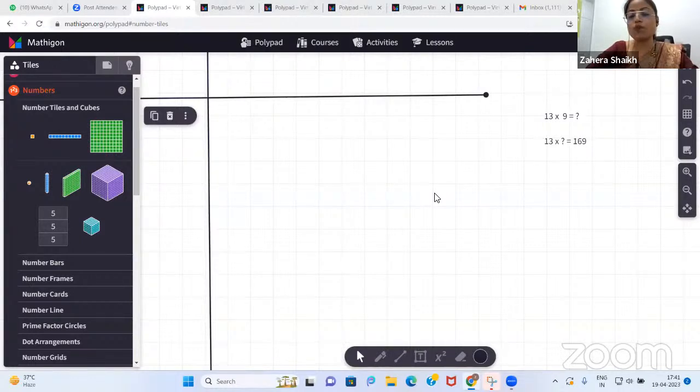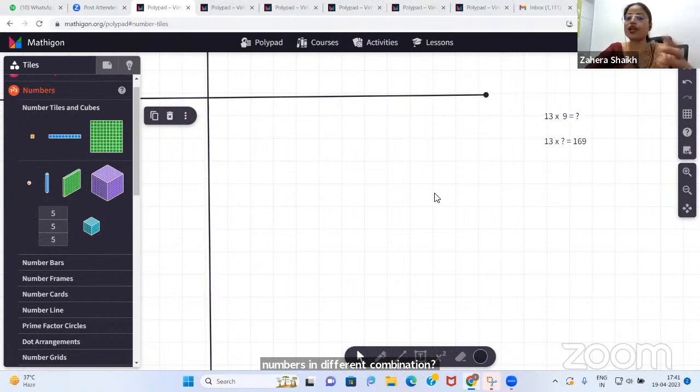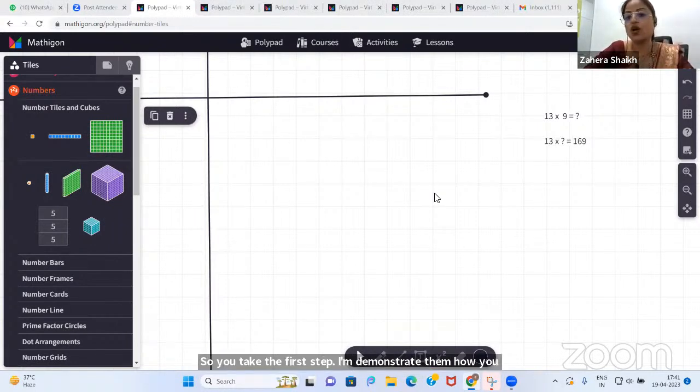See, in the NCF document, one thing is also mentioned: releasing the responsibility to the children, right? So first of all, if you find that your children's level is not where they can visualize these numbers in different combinations, you take the first step and demonstrate how you can represent a number in different compositions, right?